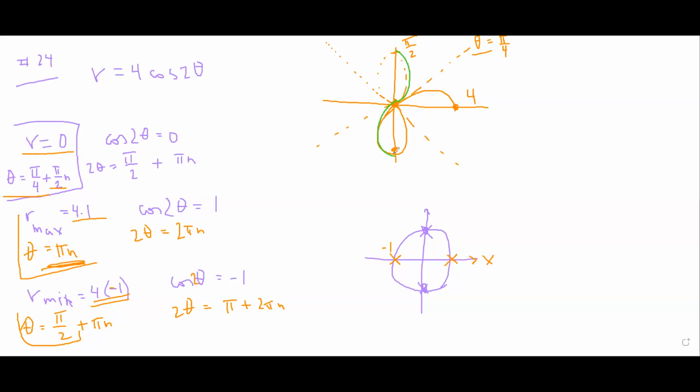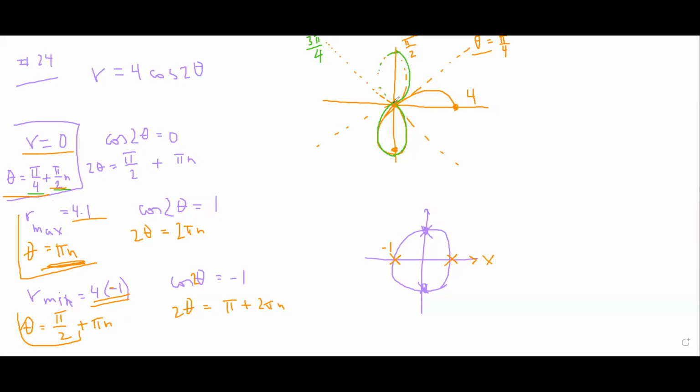And then my r will return backwards when our angle goes to pi over 4 plus pi over 2. So when the angle gets here, which is going to be 3 pi over 4, it has to return back, but it returns back because it's negative like that.